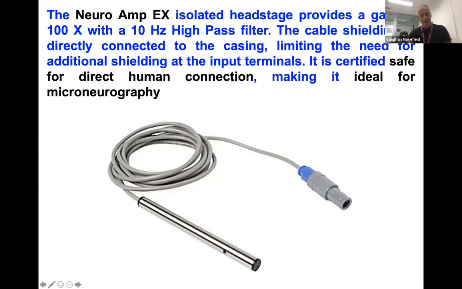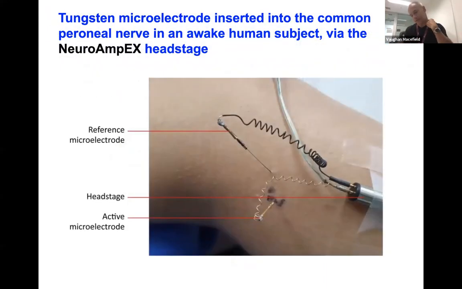This is made from high-grade stainless steel, and because of the shape of the amplifier, it is ideal for animal use too, because it can go into a Narishige micromanipulator, so it can be inserted into the brain of awake animals, for instance. But I'm going to be talking about its use for human studies.